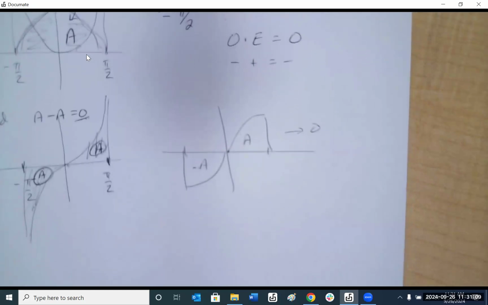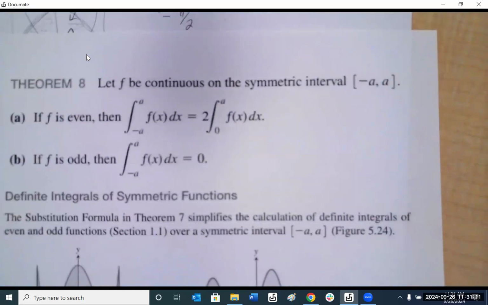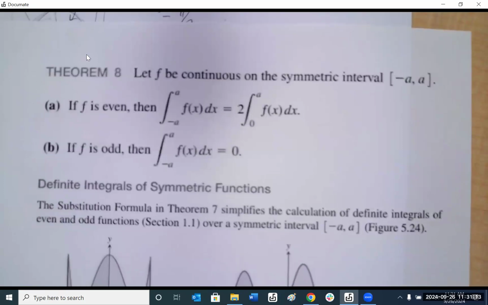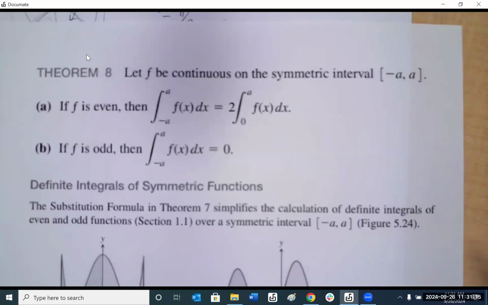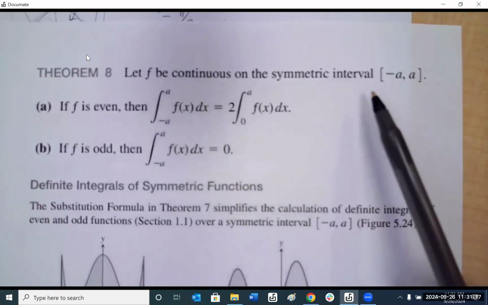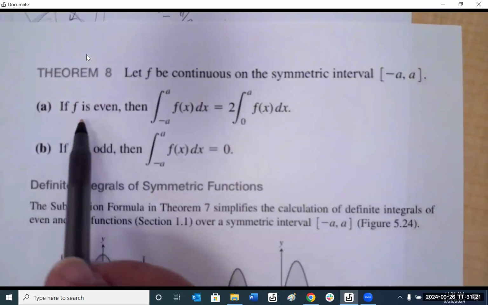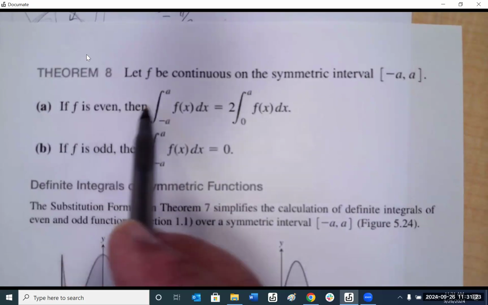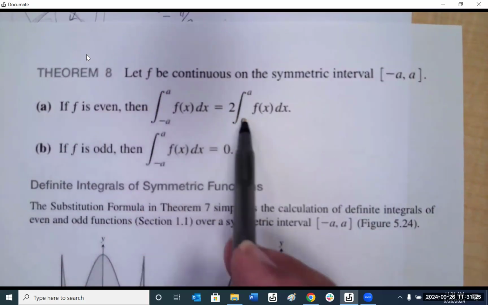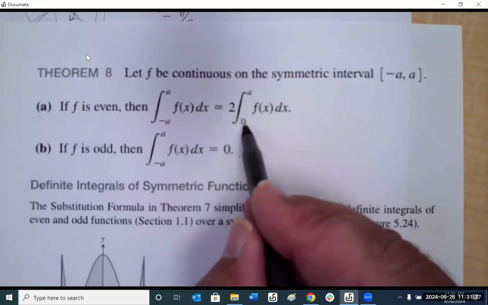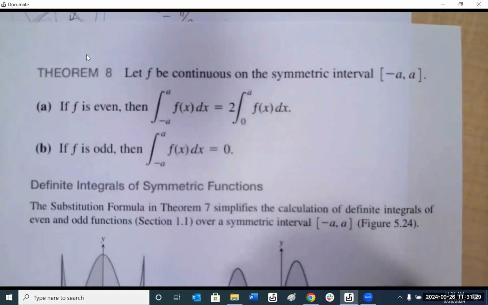And this is brought about by theorem 8. Let f be continuous on the symmetric interval negative a to a. If the function is even, then it's going to be twice the distance from 0 to a, because they're going to be equal on both sides.